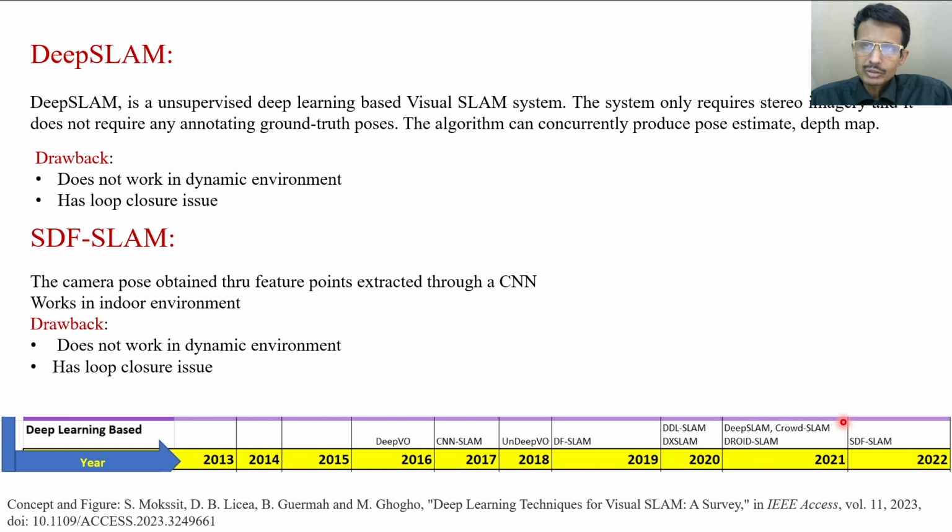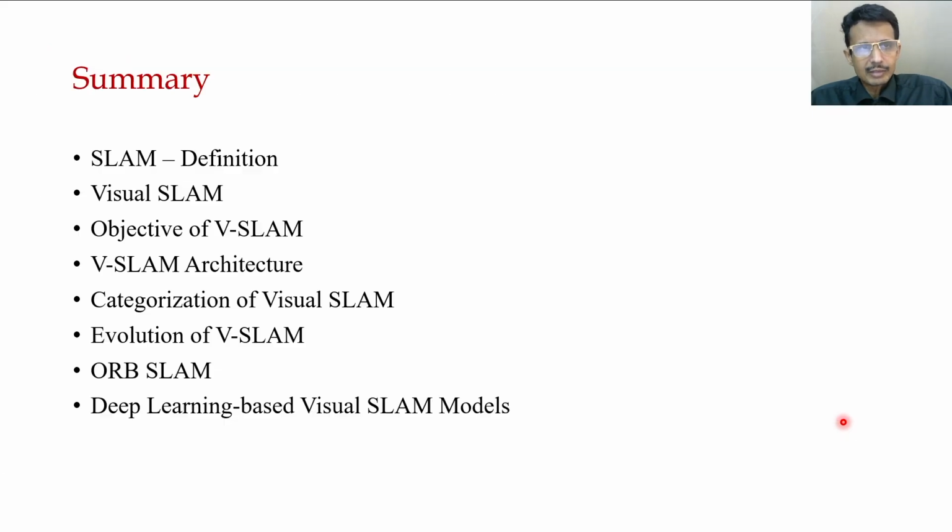The system only requires raw imagery and does not require any annotated ground truth poses. It concurrently produces the pose estimate, depth map, etc. The major problem is that it does not work in dynamic environments and has a loop closure issue. And SDF-SLAM, where the camera pose is obtained and the feature points are extracted through a CNN, works in indoor environments and also has disadvantages.